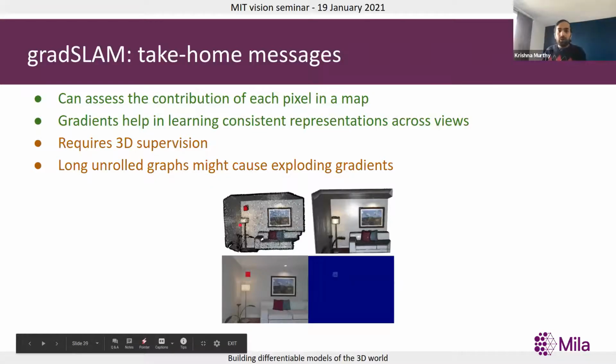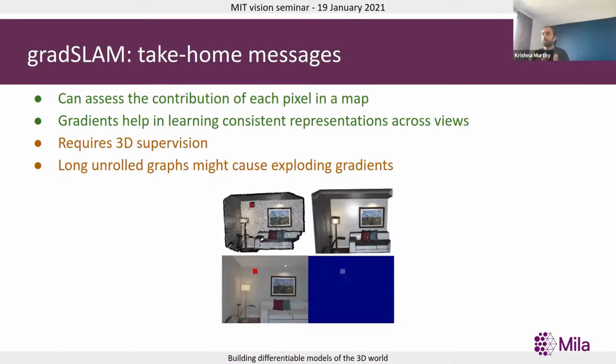So the key take-home messages for the first part of the talk is GradSlam is a very interesting way to assess the contribution of each pixel in a 2D image to the 3D map. And these gradients can help in learning consistent representations across multiple views. And the downsides here are we require 3D supervision.